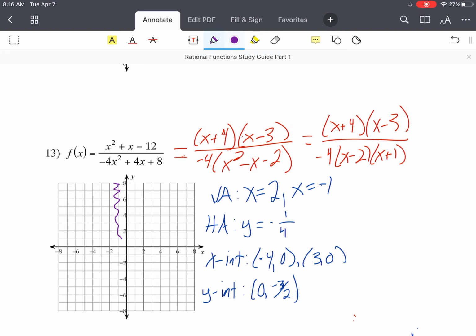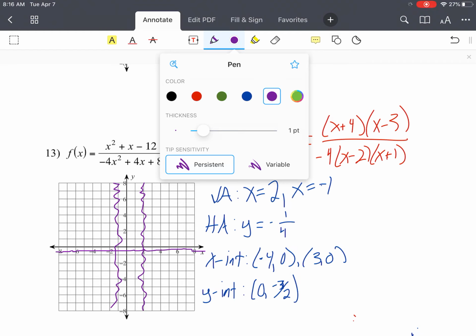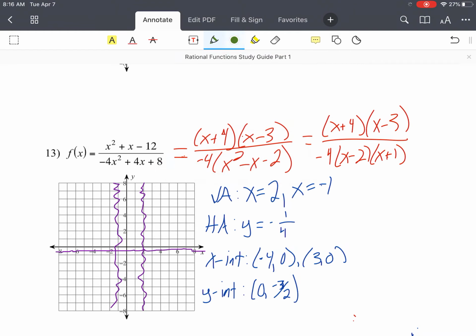So our asymptotes: x = -1 and x = 2, and y = -1/4. Okay.